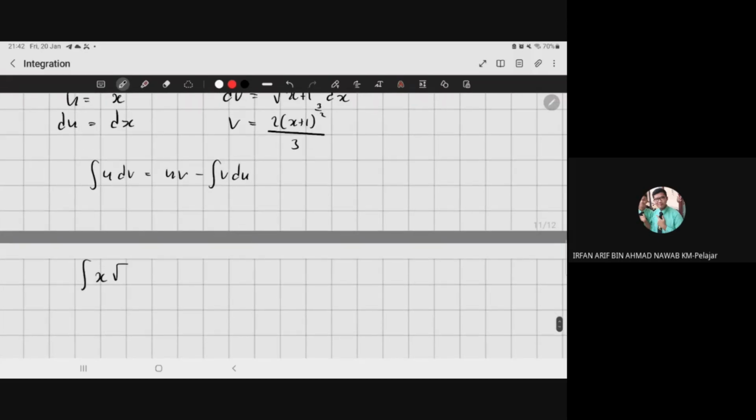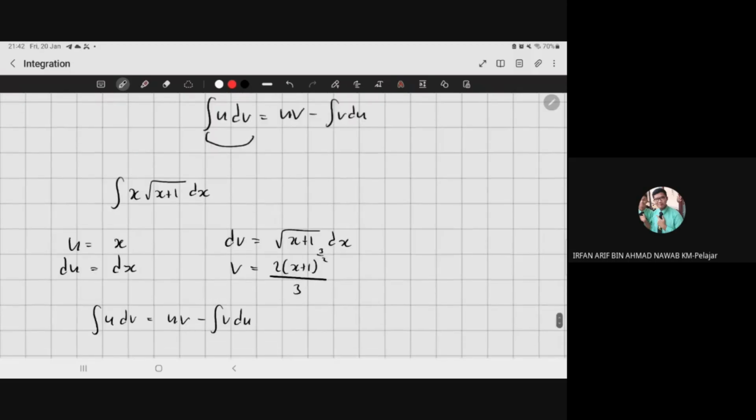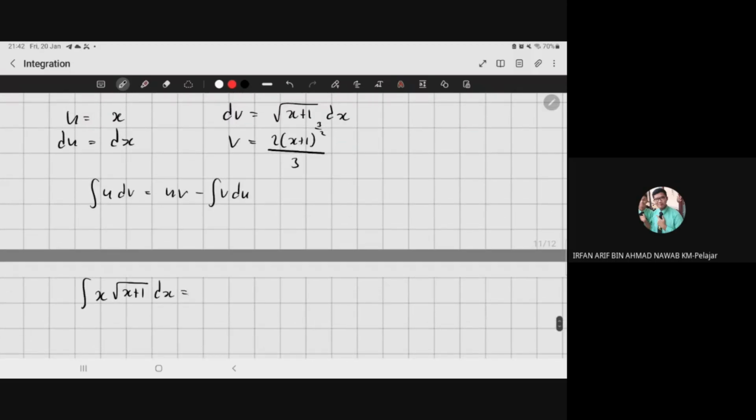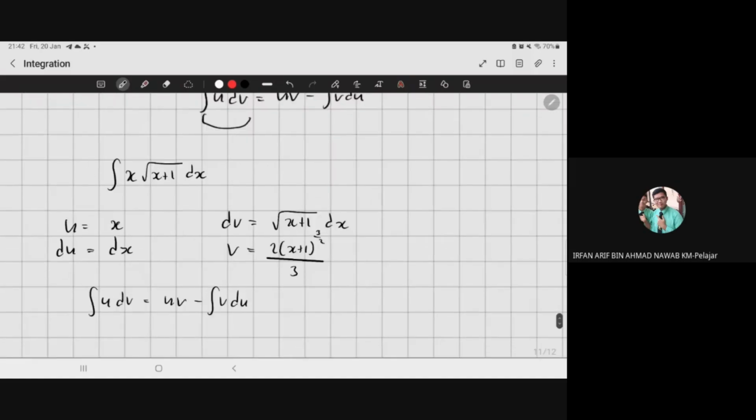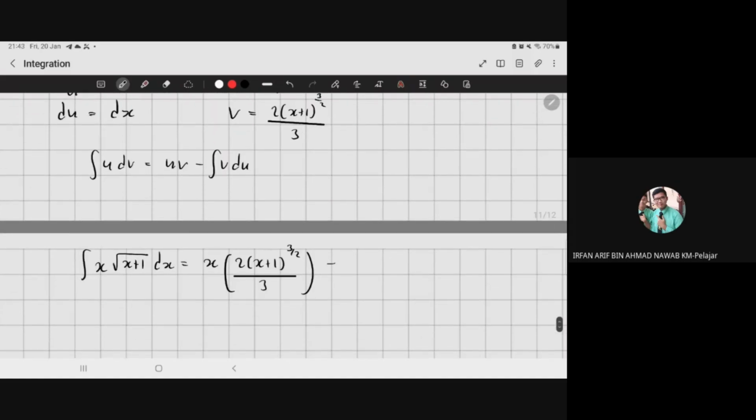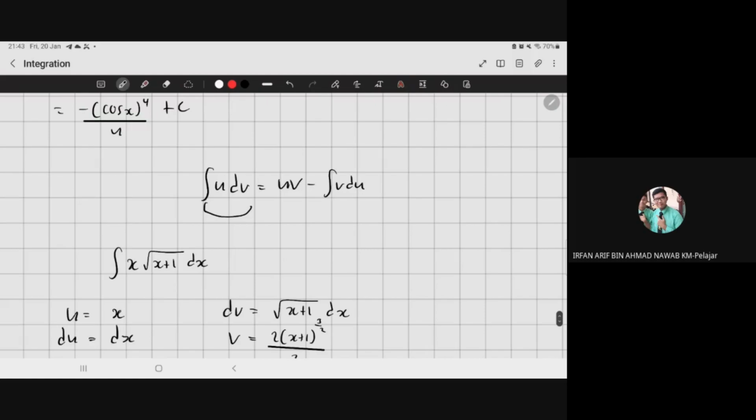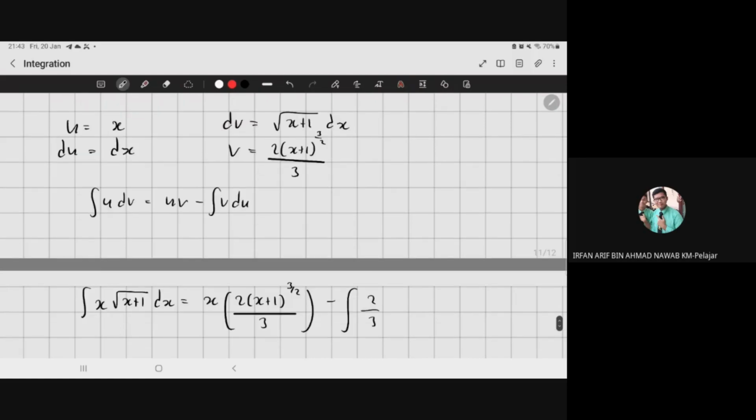So the integral of square root of x plus 1 dx is equal to x times 2 times x plus 1 to the power 3 over 2 over 3, and then minus the integral of 2 over 3 times x plus 1 to the power 3 over 2 dx.